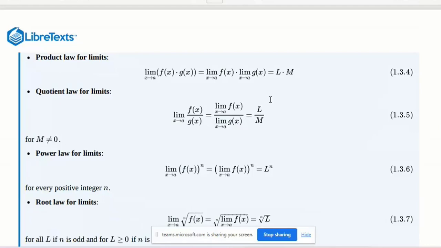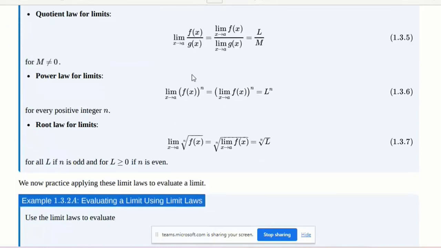Now, this is the product. The limit of f of x times g of x as x approaches a is just the product of the limits. The quotient: the limit of f of x over g of x is the same as the limit of f of x over the limit of g of x as both approach a.